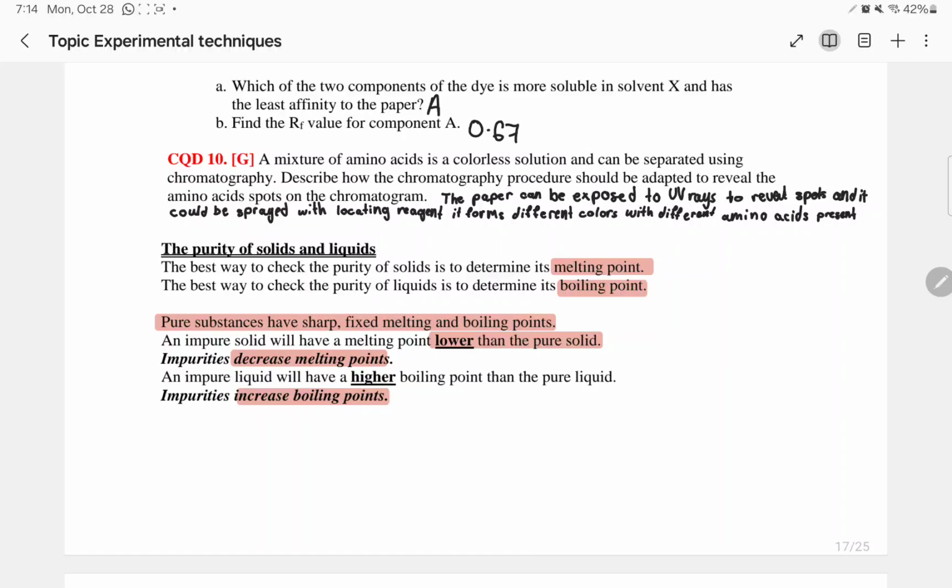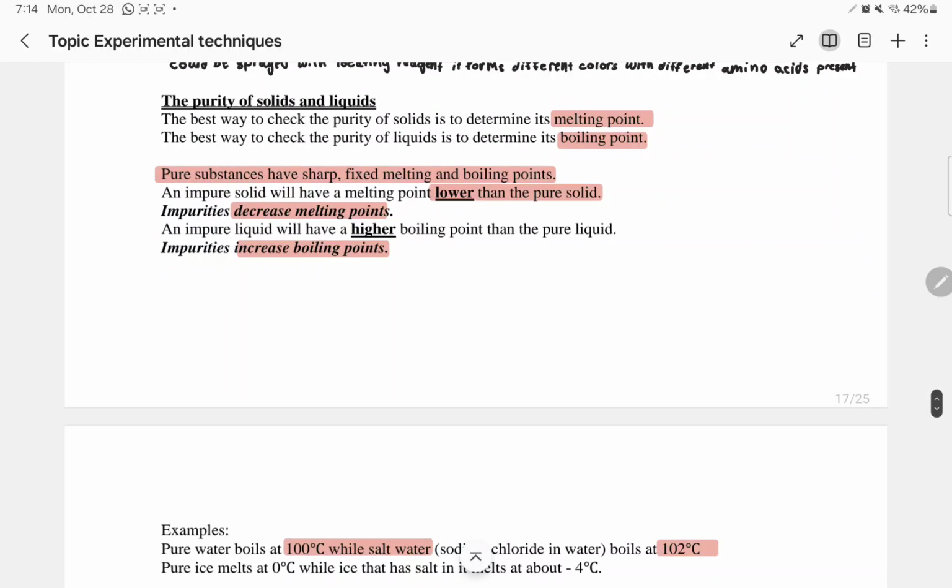Purity of solids and liquids. The best way to check for solids is melting point, and for liquids, boiling point. These are your physical constants, which means for the same substance, like water, you will never find pure water that does not boil at 100 degrees Celsius.